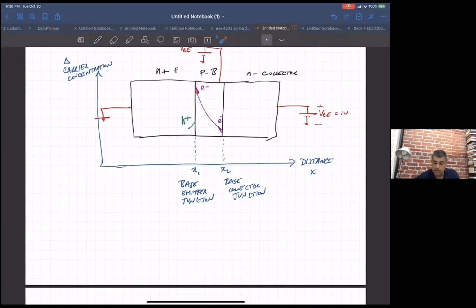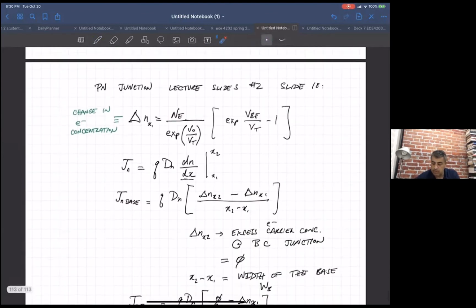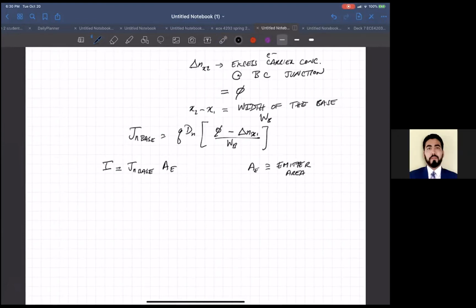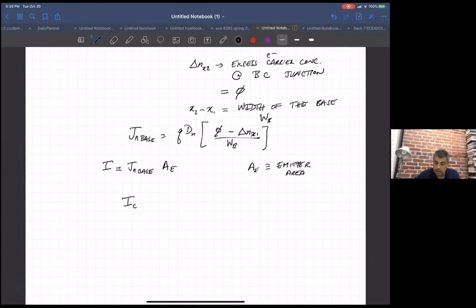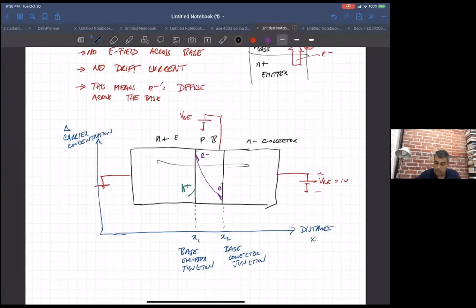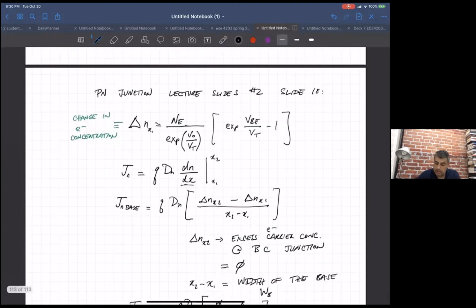So it's the area of this base-emitter junction, which is the emitter area, so-called. Everybody with me so far? Okay, great. So this is the collector current. Remember, this is the current that's going across the base.